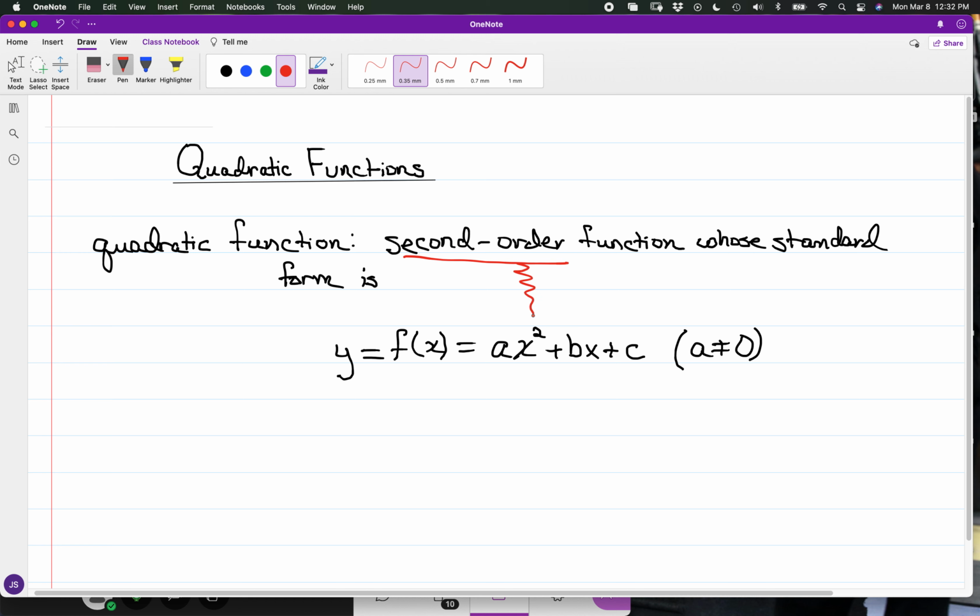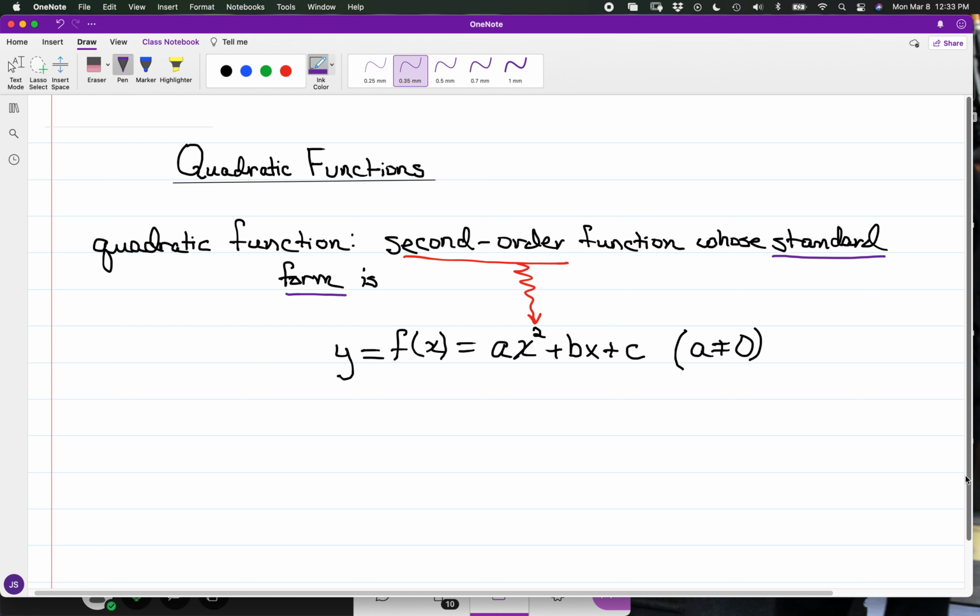The second order is in reference to the highest degree of the independent variable, which happens to be x. So one form of the quadratic function is the standard form, where we have the trinomial expression fully laid out as ax squared plus bx plus c.